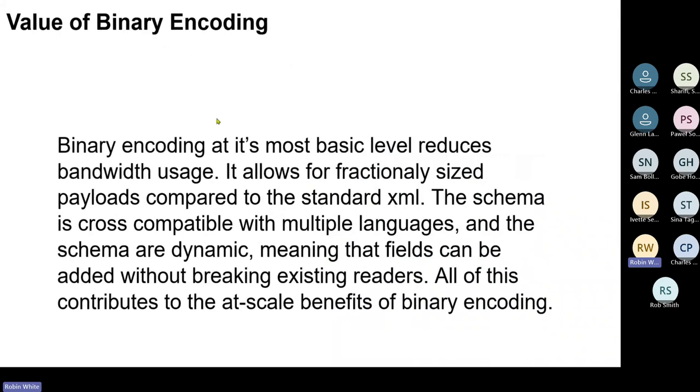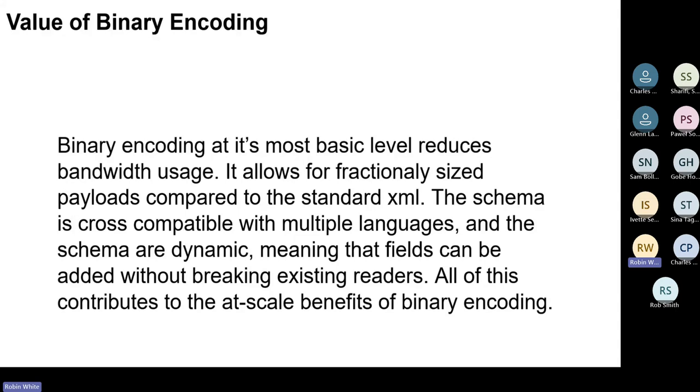Here's where we get into some of this stuff. The value for this broadly, as I mentioned, is going to be at scale. When you use binary encoding, it's just a reduction of bandwidth usage, first and foremost. It is fractional for the payloads compared to the standard XML, and the schema can be cross-compatible with Java, Python, Go.